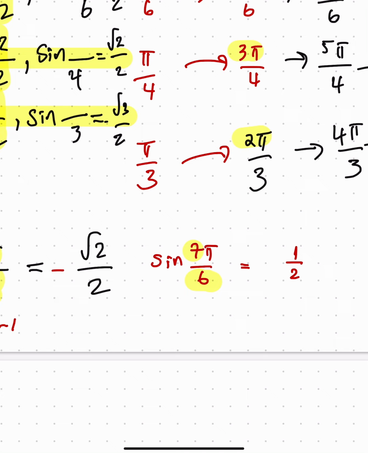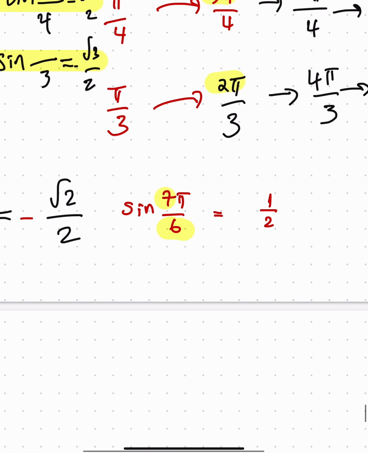So 7 is 1 more than 6, so this angle comes from the third quadrant. Sine of any angle from the third quadrant is negative, so we put a negative here.